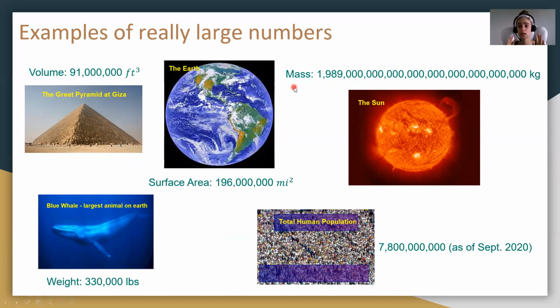I don't even know how to pronounce that number. There are way too many zeros. I don't even want to think about having to add and subtract with that. I'm going to get my zeros all mixed up. It's going to be a lot of writing. What if I miss one? So when you have numbers like these that are really, really large, they're difficult to pronounce and difficult to work with. So that's why we have scientific notation.